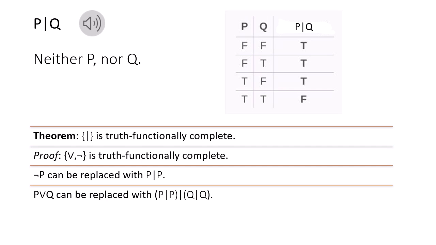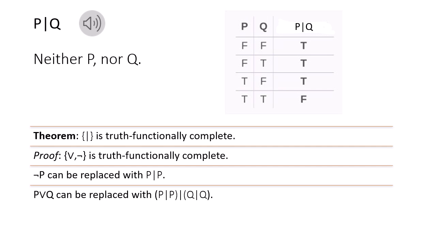And that means any disjunctions that we see in our sentence can then be replaced with these three strokes. And what will result is a tautologically equivalent sentence with nothing but strokes in it, meaning that this connective on its own is truth functionally complete.